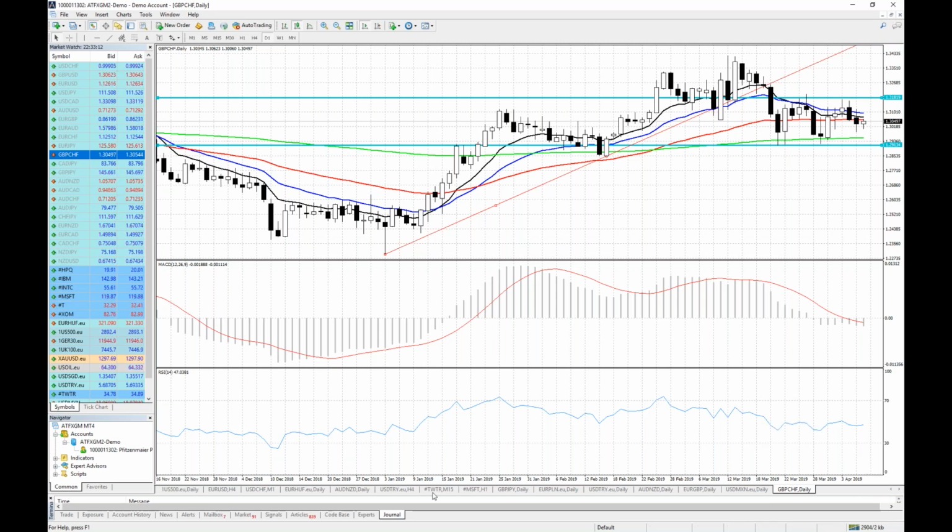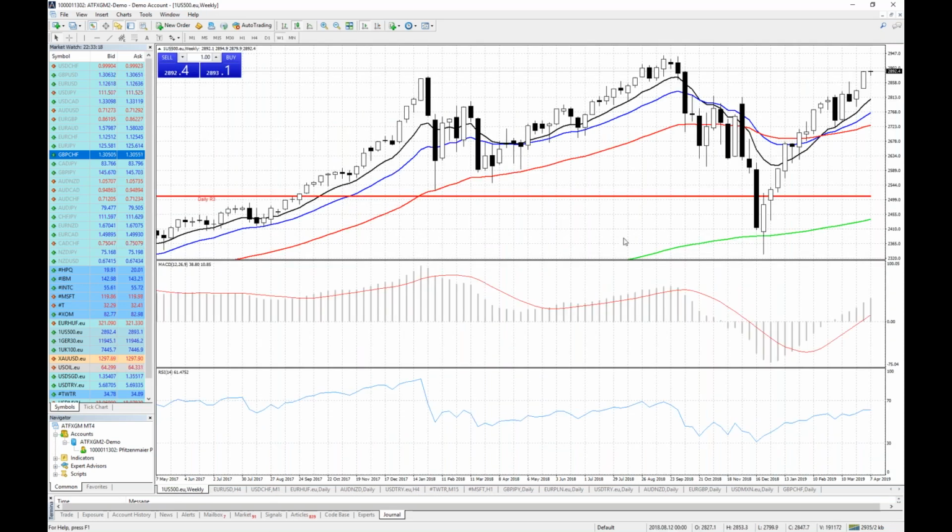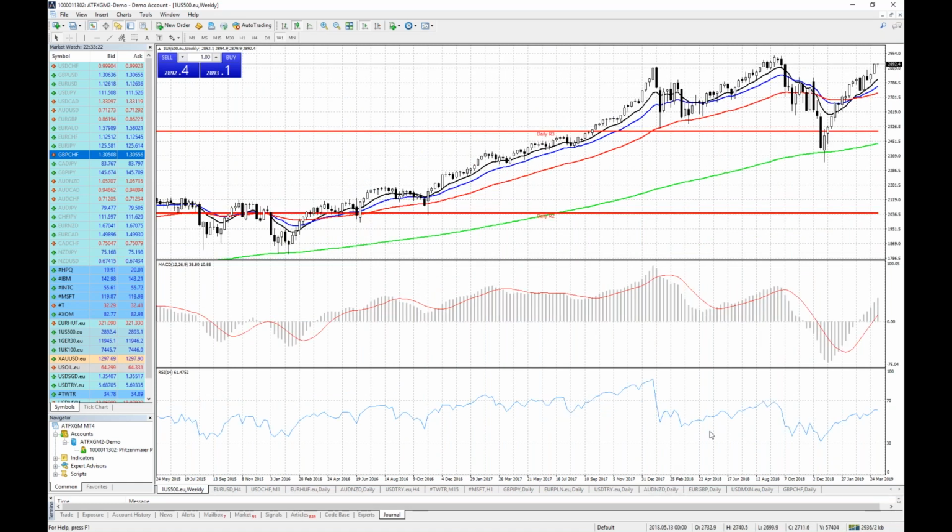Let me switch quickly to the S&P 500 and to the weekly chart, because I think we can see this quite nicely there. Price is making higher highs and higher lows all along the way. Every time price makes a new higher high, let's draw that in from this higher high to this higher high.